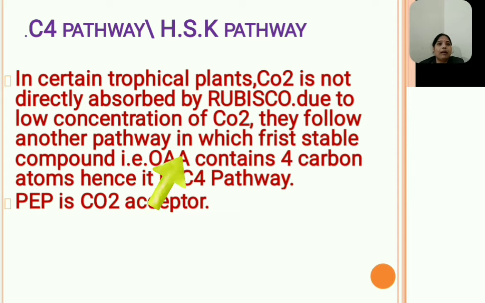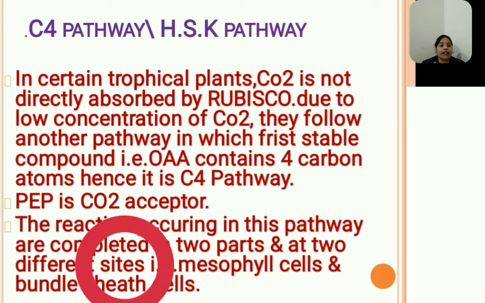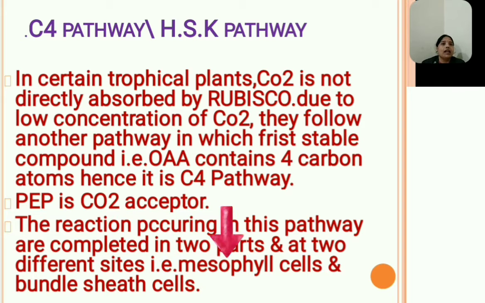PEP is the carbon dioxide acceptor, and the reactions in this pathway are completed in 2 parts at 2 different sites, for example, first in the mesophyll cell and another in the bundle sheath cell.